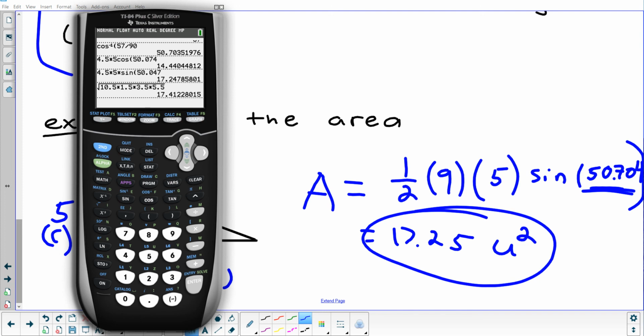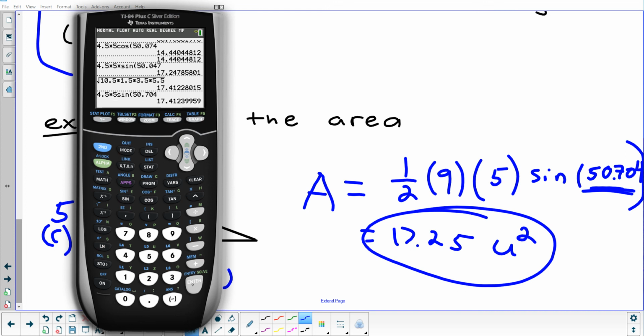All right. If you just trust me, I'll just type it. It'll be quick. 4.5 times 5 times the sine of 50.704. 17.41.